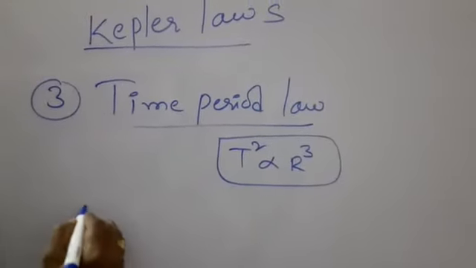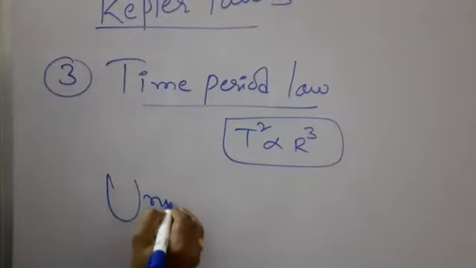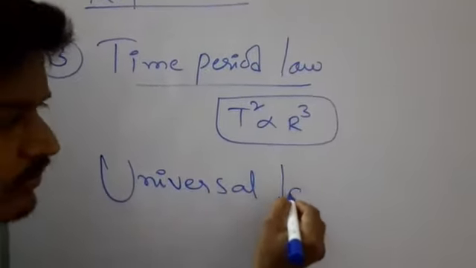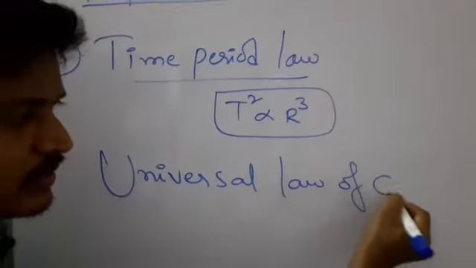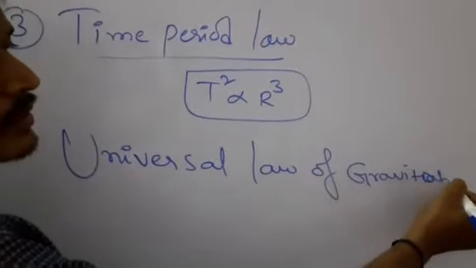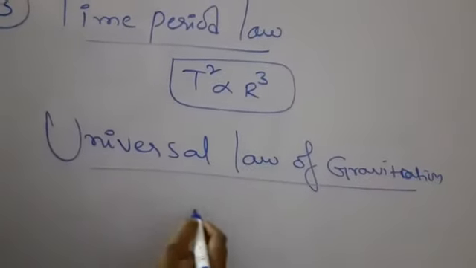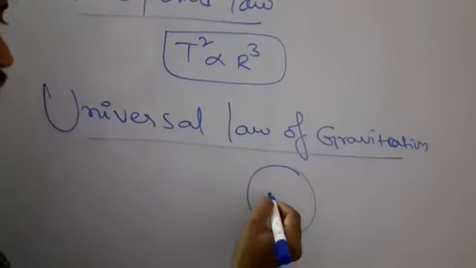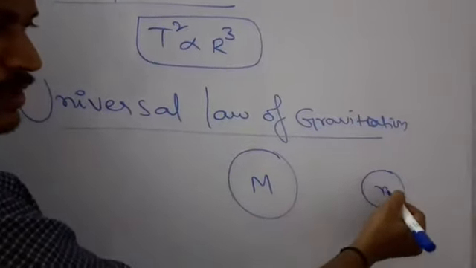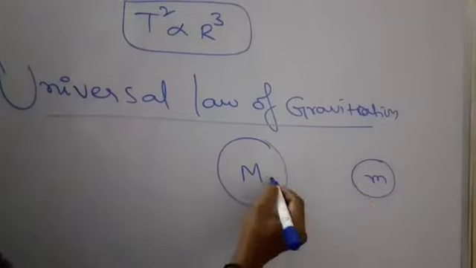Next, the universal law of gravitation. Here you can consider two bodies, one a larger body and another a smaller body, like the sun and moon.